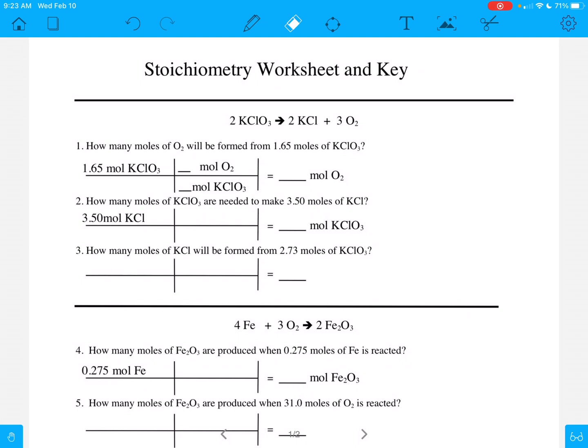Now I have a periodic table nearby. Oh, now I see why it says ptable, not PT table. No wonder. It was my fault.